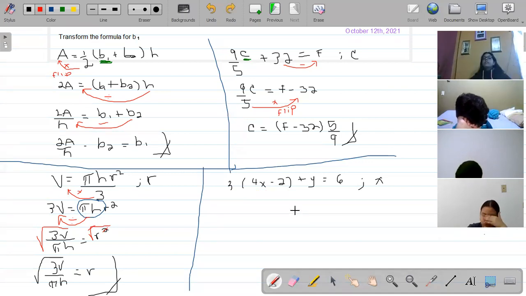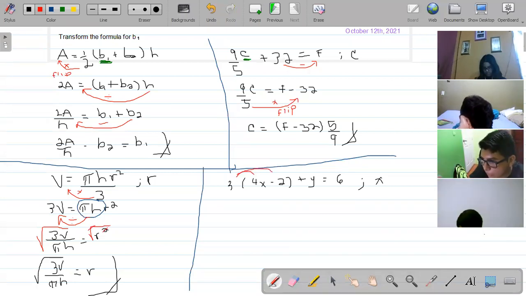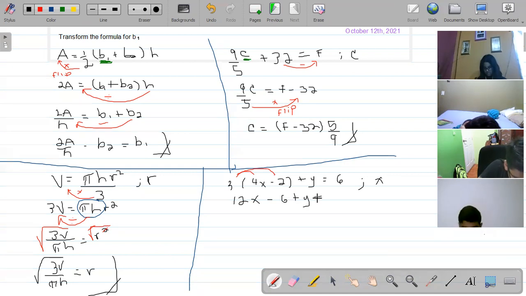We need to do first the multiplication. Yeah, we need to multiply it. Firstly, the distributive property. So that's the first thing, distributive property. So we have 12x, remember in English, 12x, and 3 times -2? Negative 6. -6 plus y is equal to 6.